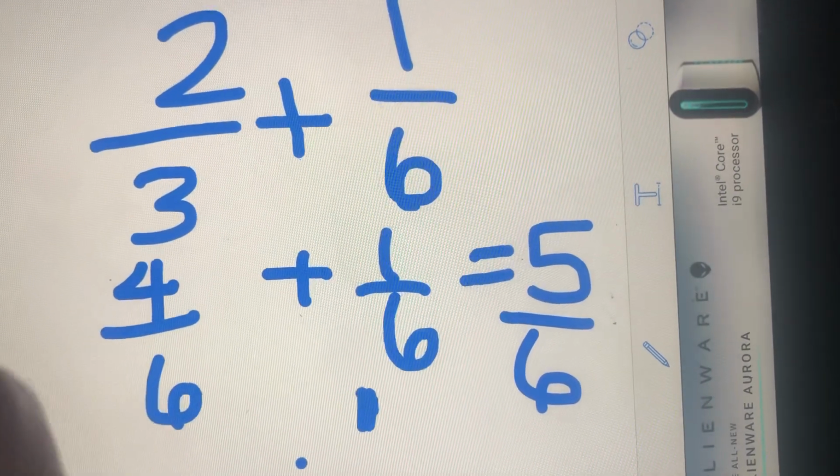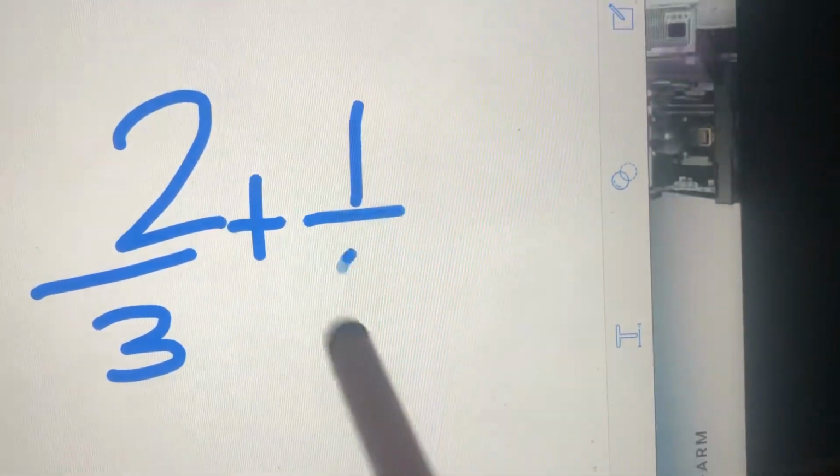I could also draw a model of the whole thing. 2/3 plus 1/6.